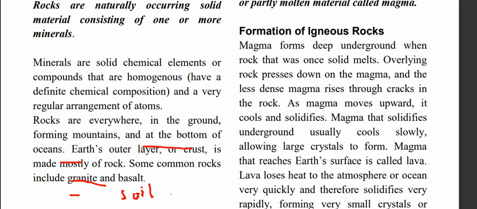It was through a gradual process that all these rocks became disintegrated, and then they started to form soil. Now the earth's outer layer, or crust, is made mostly of rocks. Some common rocks are granite and basalt.